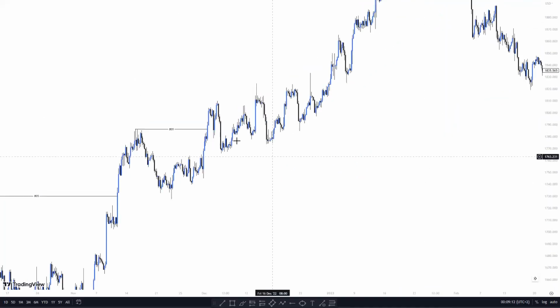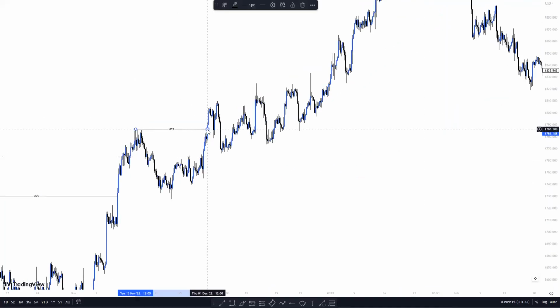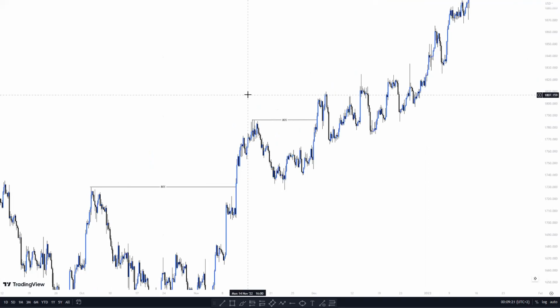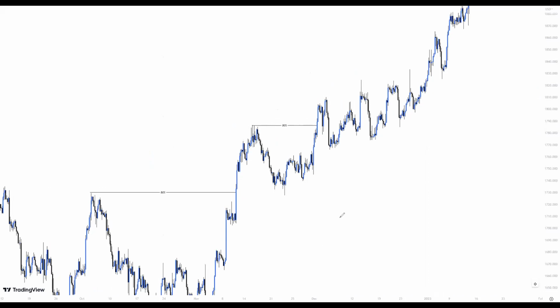So we have break of structure. Remember the first video, the second, the longest videos, most of the things were just building on them. After the break of structure, what do you expect? A pullback. It's just that simple: after the break of structure, we expect a pullback.